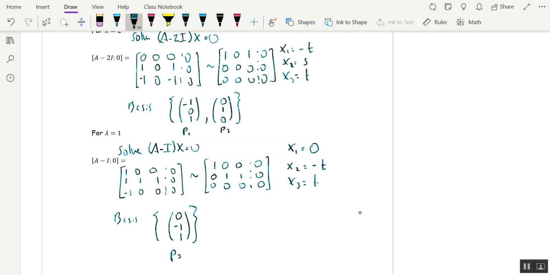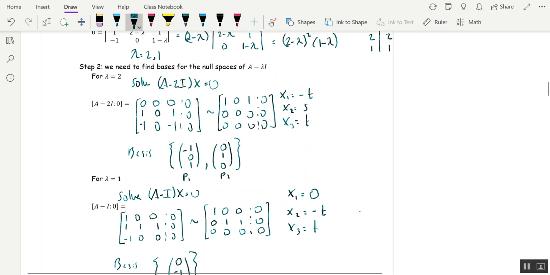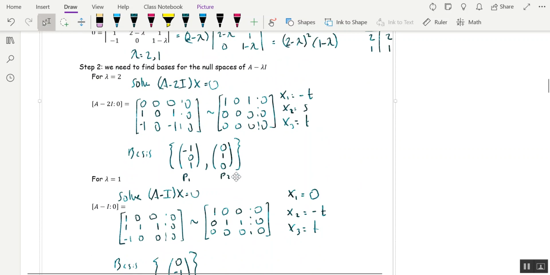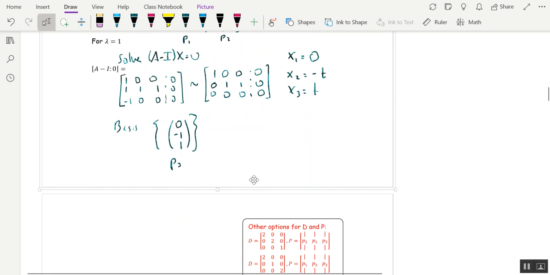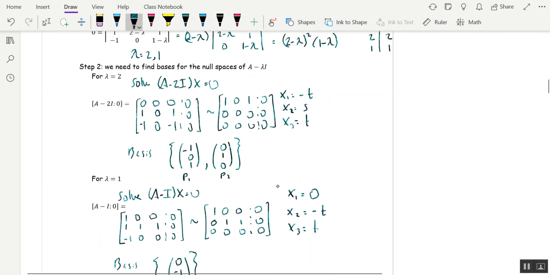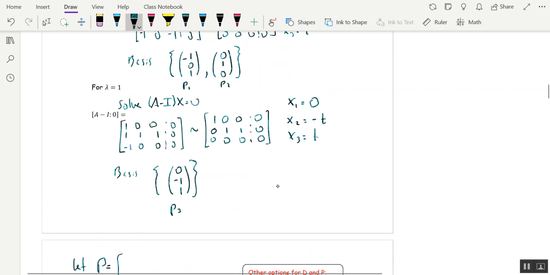We'll call that P3. So now I'm ready to go. I've got my eigenvalues and my eigenvectors. I'm going to let P be the matrix. I'm going to put in the vectors P1, P2, and P3 in that order.